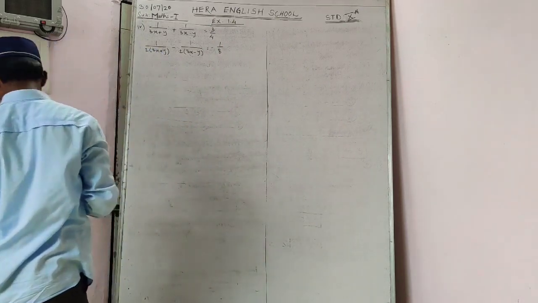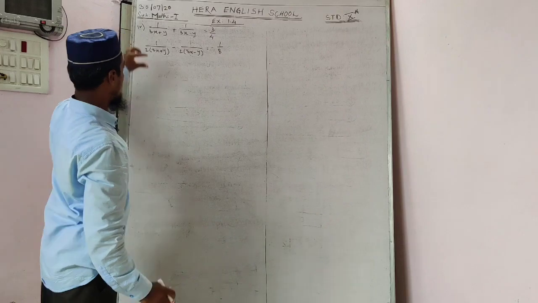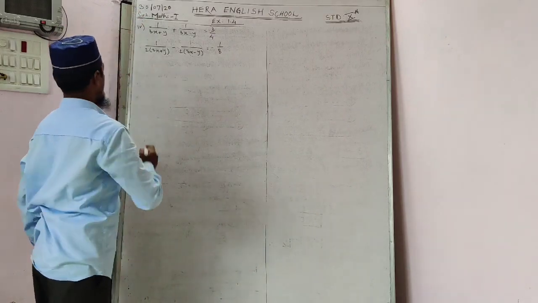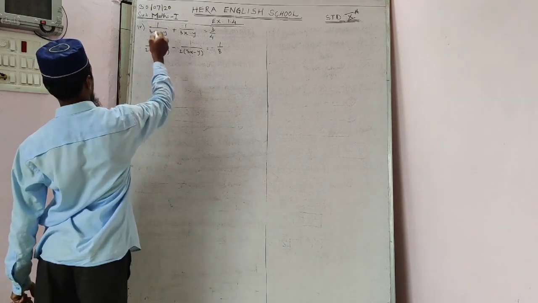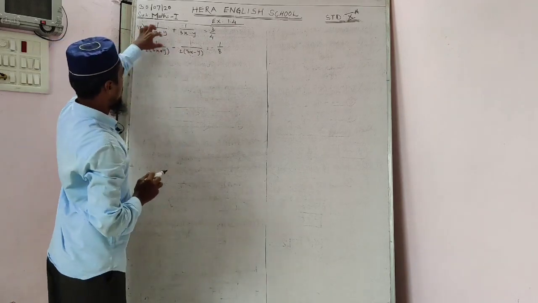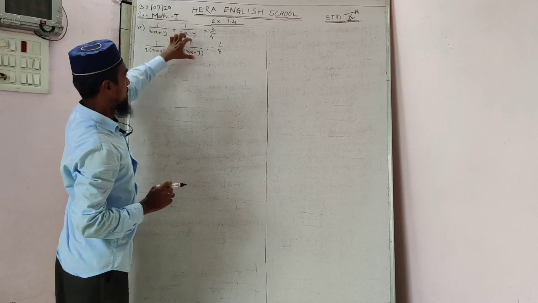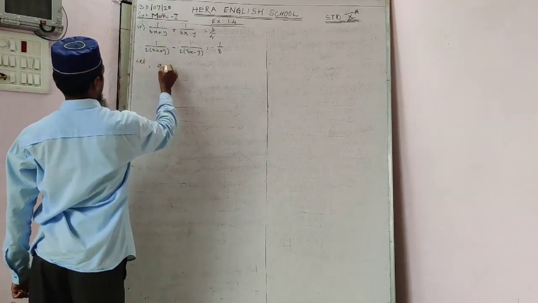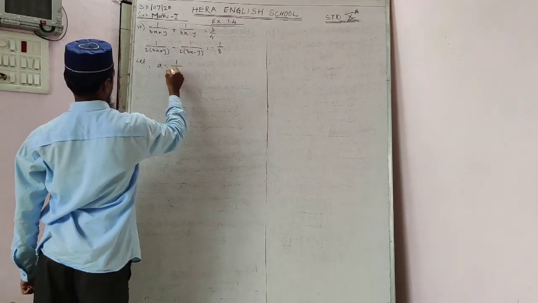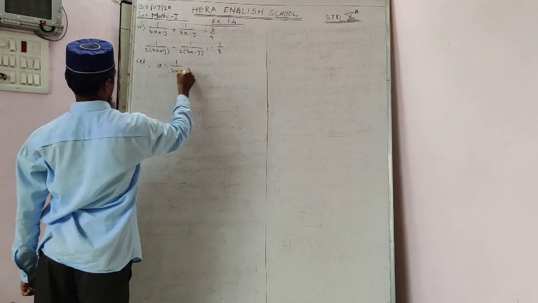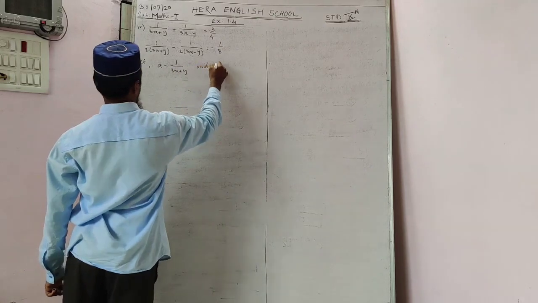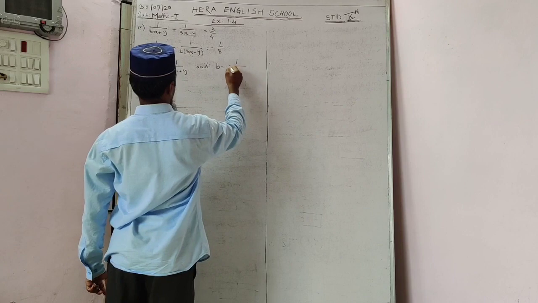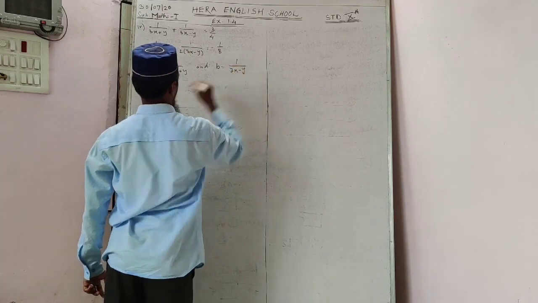Now see very well, everyone. We will convert this into fraction form. Here we have 1 upon 3x plus y, and here 1 upon 3x minus y. So we suppose let a equal to 1 upon 3x plus y, and b equal to 1 upon 3x minus y.